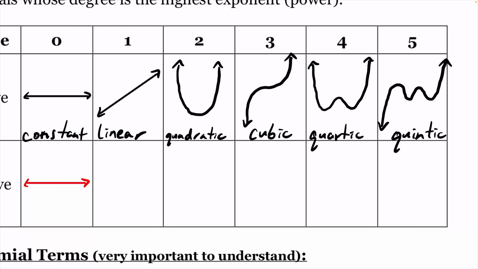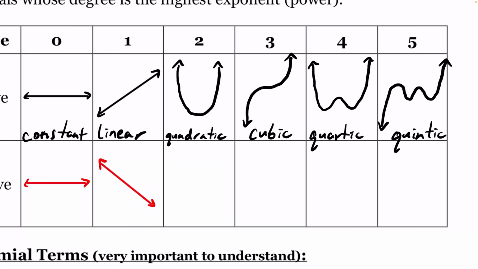Linear. What does a negative linear look like? Well, that one looks a little different. What's different about that one? Arrows are going the opposite direction, right? So the positive, is that going up or down? Up, right? We start at the left arrow and go right. That's going up, right?